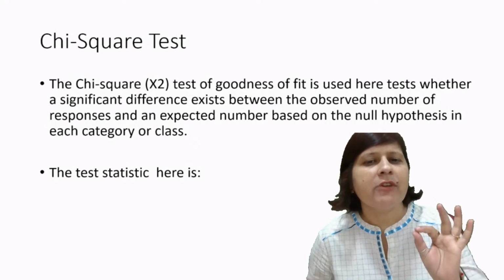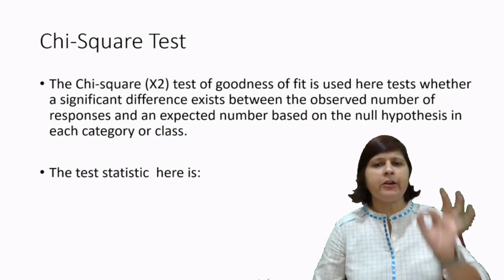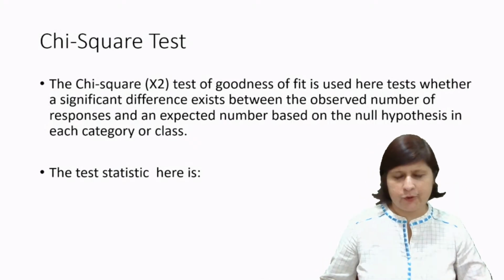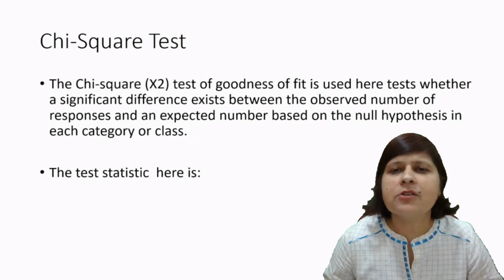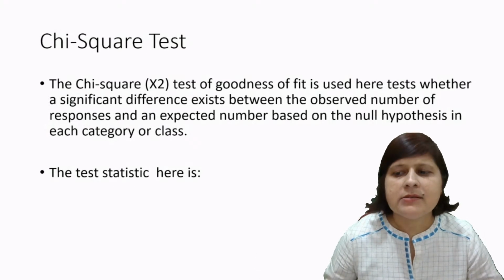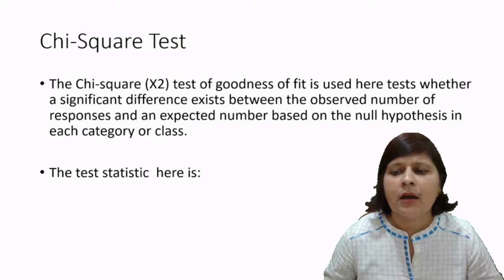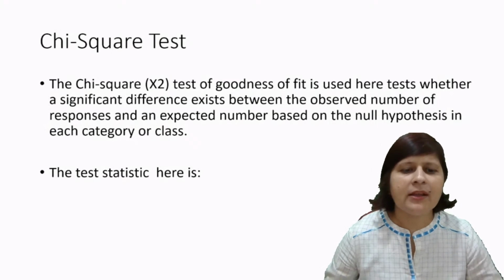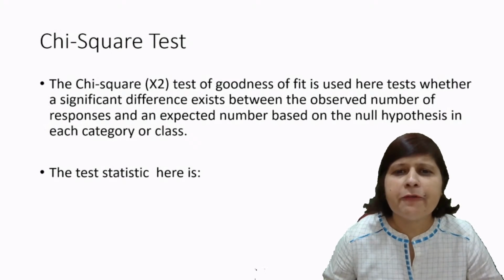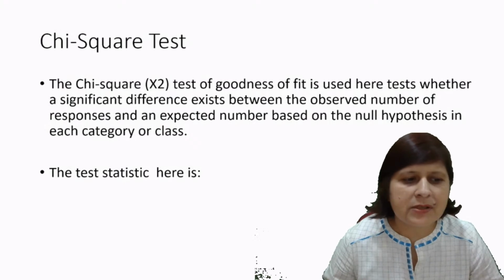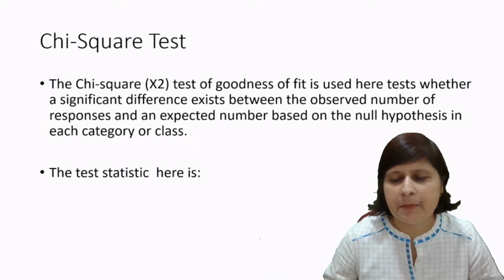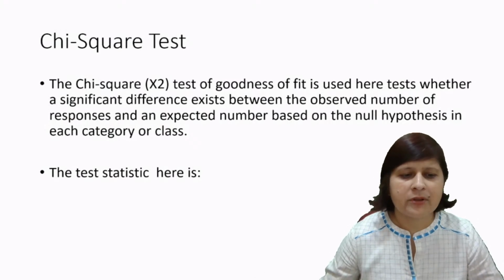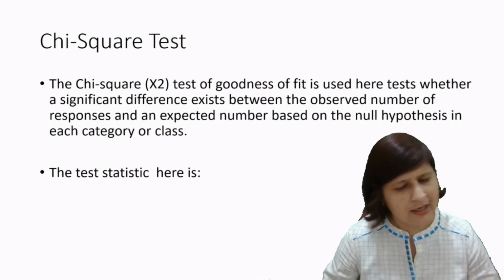Chi-square test, this is one of the very important non-parametric tests. The chi-square test of goodness of fit is used to test whether a significant difference exists between the observed number of responses and the expected number based on the null hypothesis in each category or class.